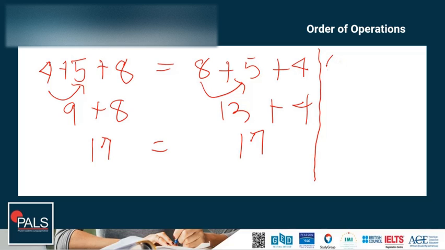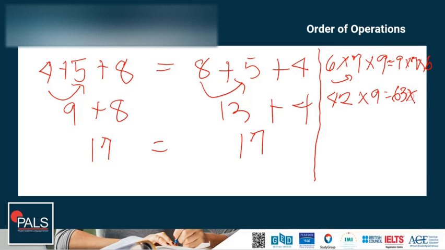I'm going to use the number 6 times 7 times 9 is equal to 9 times 7 times 6. Okay, so 6 times 7, we have 42 times 9. Then we have 9 times 7, which is 63 times 6.